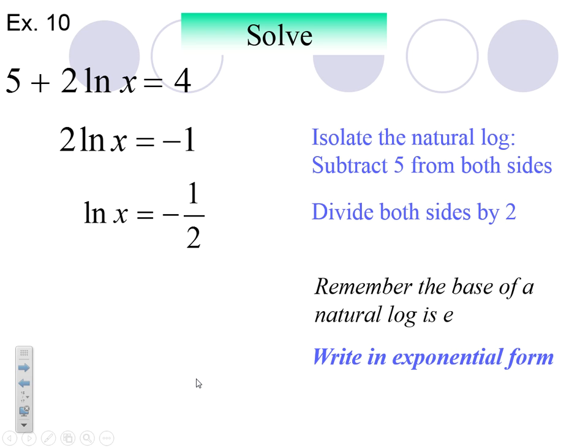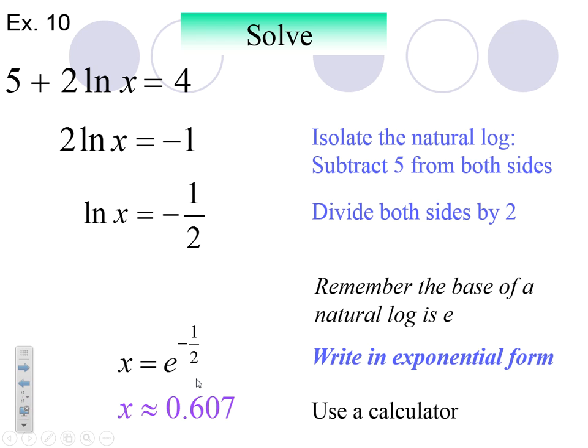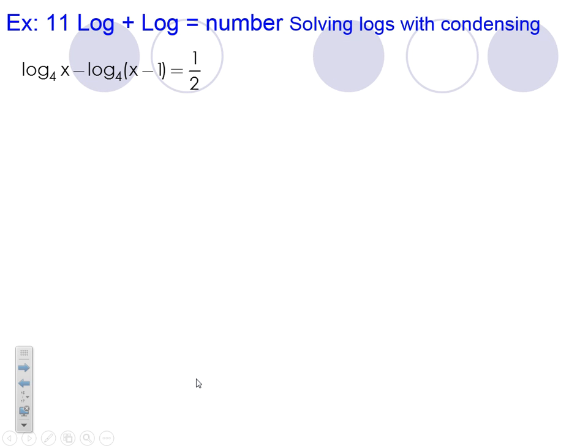So if the base is e, we can write our log equation in exponential form, and we will get x equals e to the -1/2 power. Now we can use a calculator to simplify this expression, and x is approximately 0.607, and of course we want to do a check.